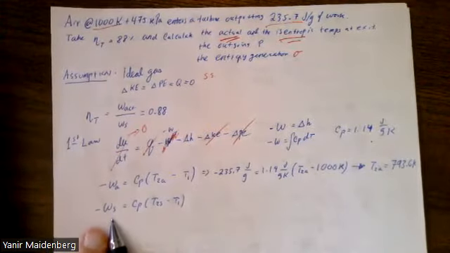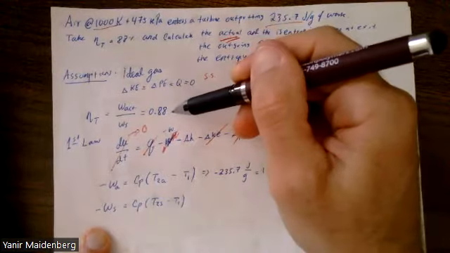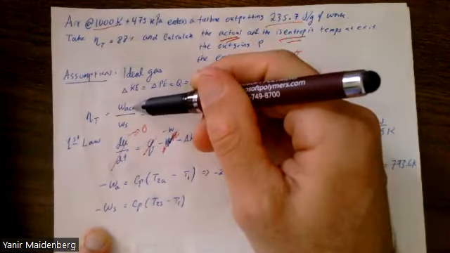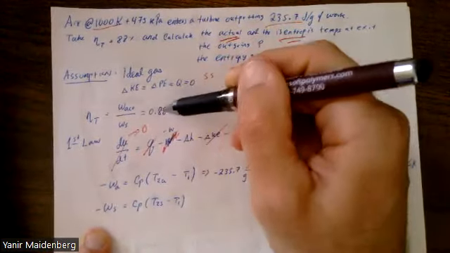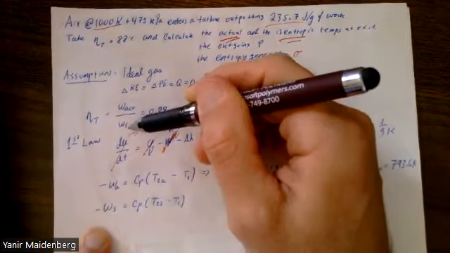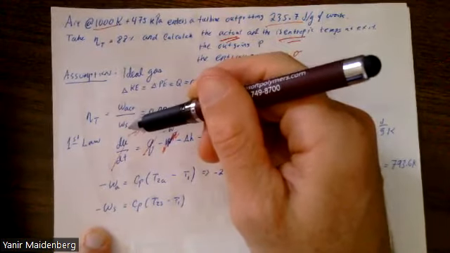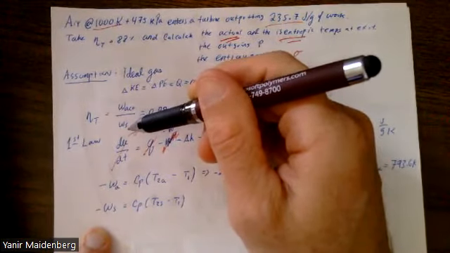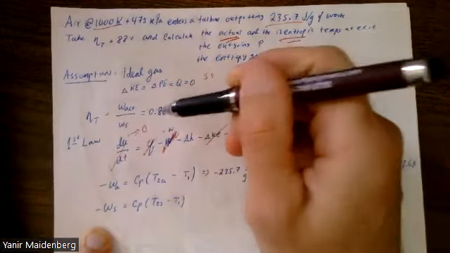Now, how are we going to get the isentropic work? Well, we know the actual work is equal to 0.88 times the isentropic work, meaning that the amount of work we get out of an isentropic process is higher than the amount of work we're getting from an actual process.